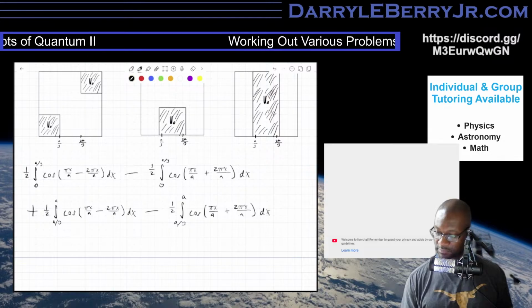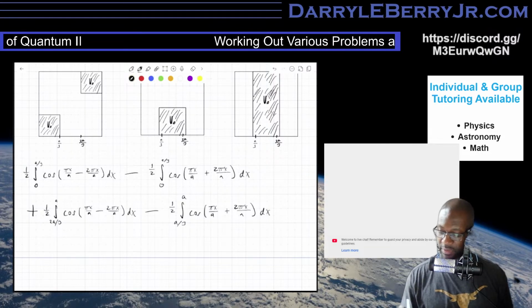So those are the realms that the perturbation are in right now, and it's actually 2a over 3.